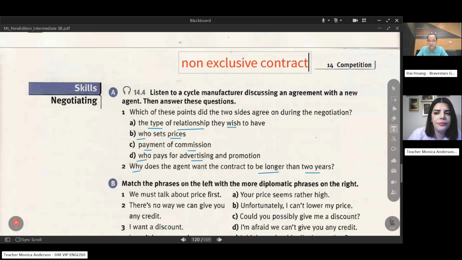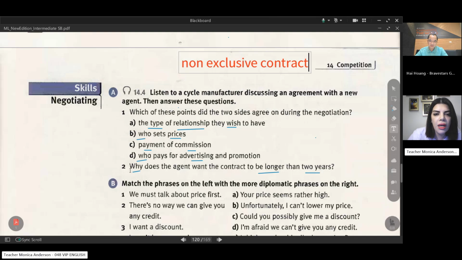In the end they said it will be discussed later, right? As I heard, the manufacturer offers 15%, but the agent offers 20, so they don't agree. And who pays for advertising and promotion? 50-50 for both. Yes, of course, 50%.